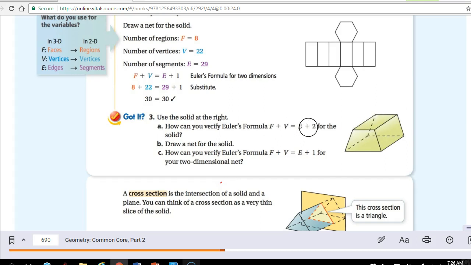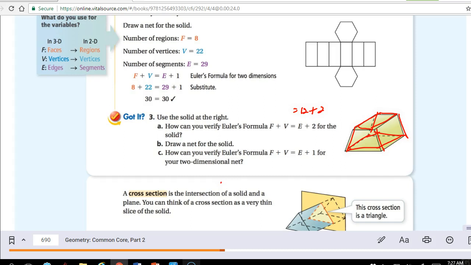We use the E plus 2 for the solid. Okay, so if I look carefully at this particular problem, if you count here, 1, 2, 3, 4, 5, 6, 7, 8, 9, 10, 11, 12. You're going to have 12 edges, so I'm going to just fill that in for A.